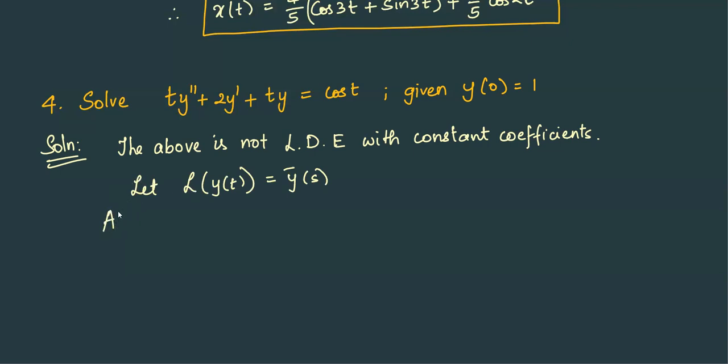Now, see, let Laplace transform of y double dash t. We know it is a function in s, right? I will not write the standard f, I will write some f bar of s.